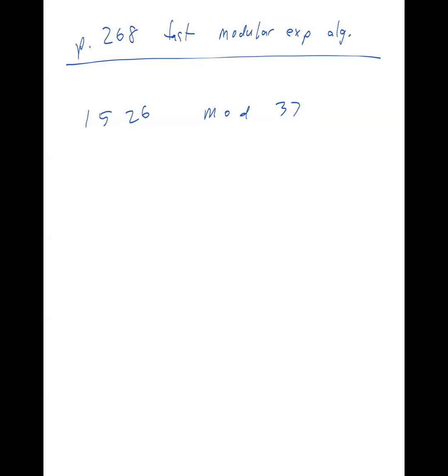That's actually a pretty tough example. 1526 is equal to 2 times 763. So 1526 is 2 times 763.